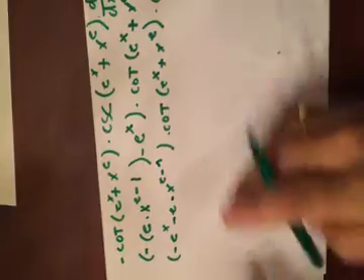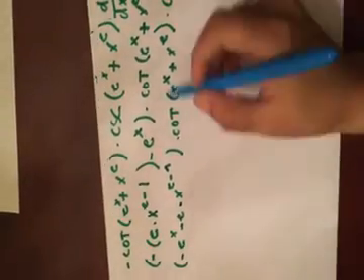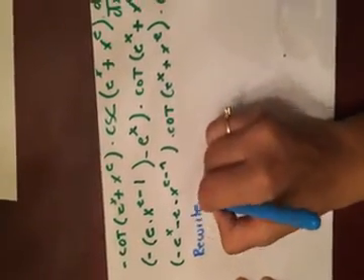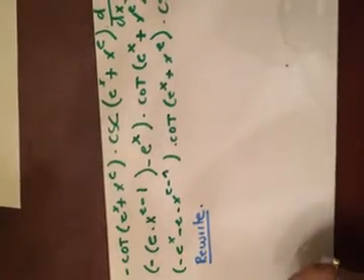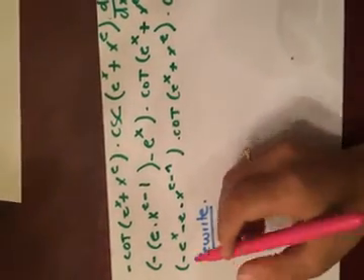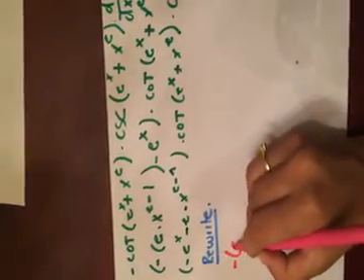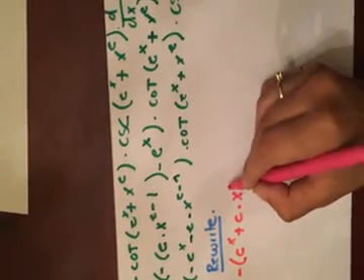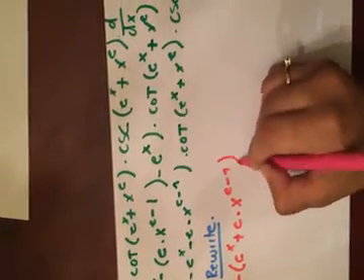Rewriting and cleaning up, this answer is equal to negative e to the x plus e times x to the e minus 1.